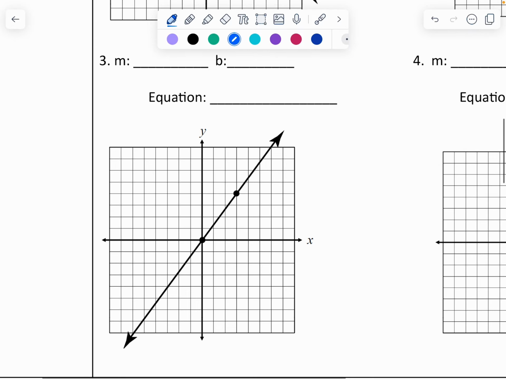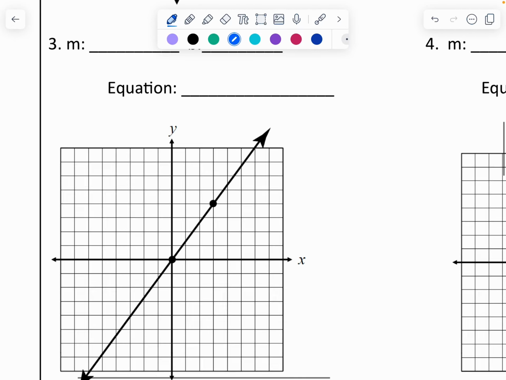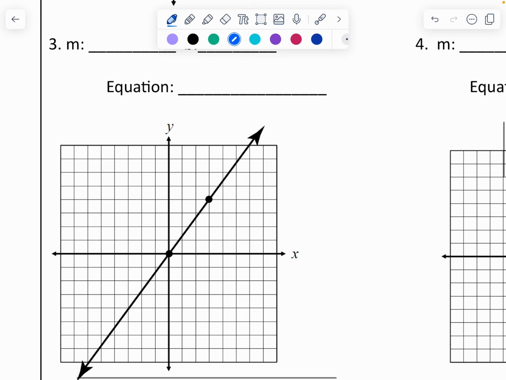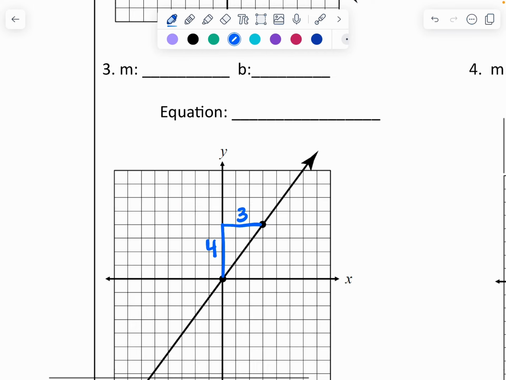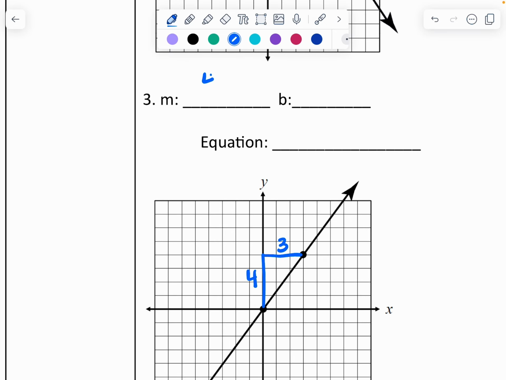Number 3. The 2 points that are plotted there look to be the closest ones. I don't see any other cardinal point that I can use, so I have 4 and 3. So my slope is 4 over 3. This is a positive slope.